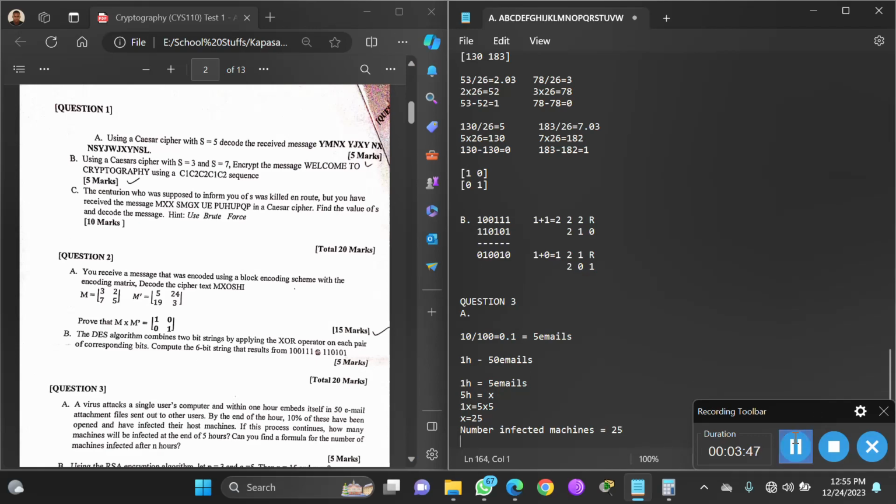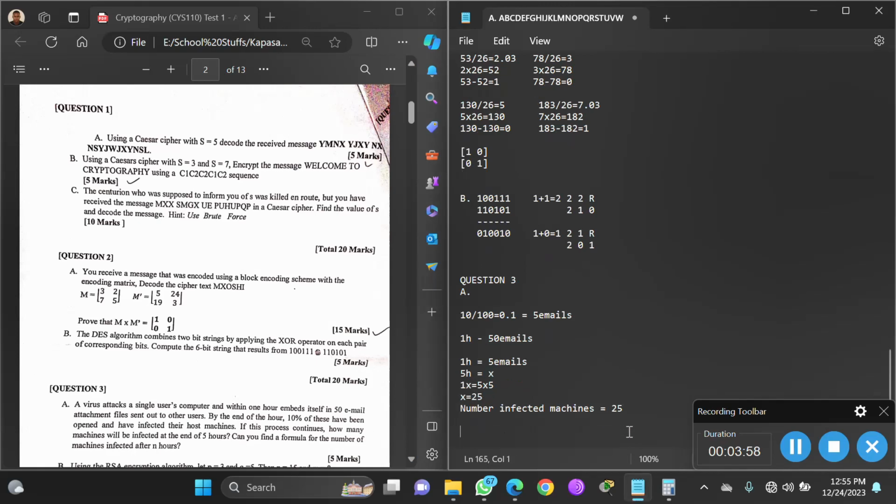So let's continue. So the question says, can you find a formula for the number of machines infected after n hours? So as you can see, we said hours such as n hours. 1 hour should be equal to 5 emails.